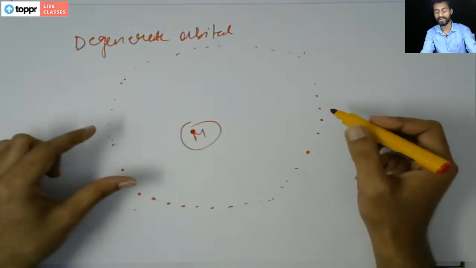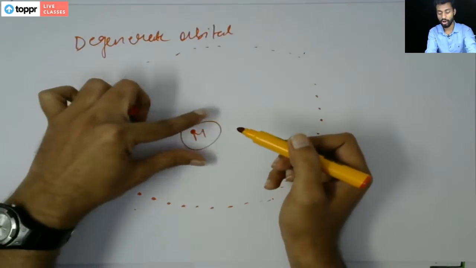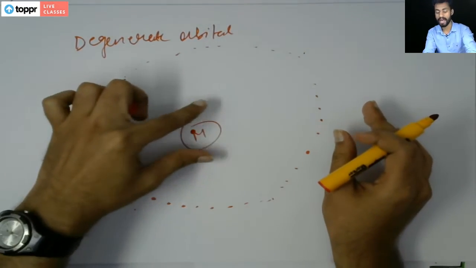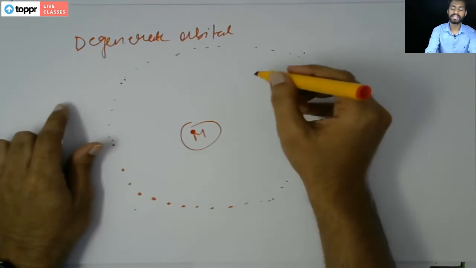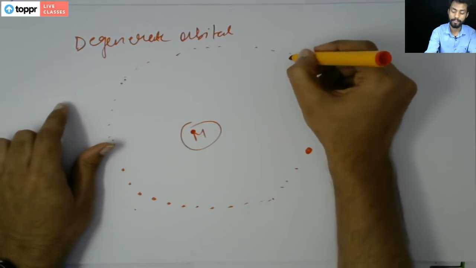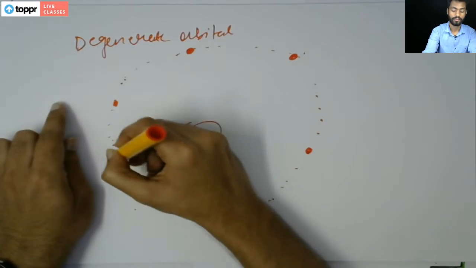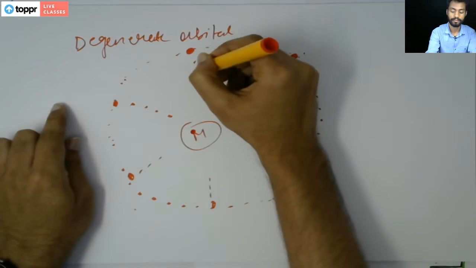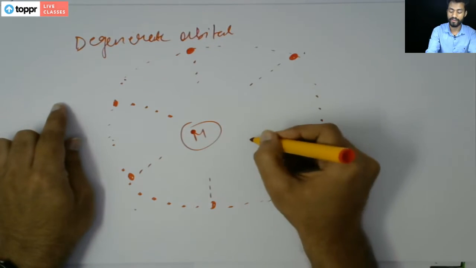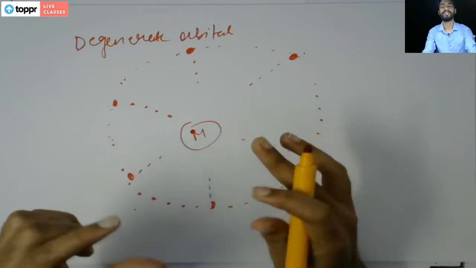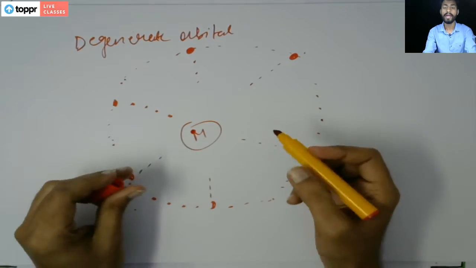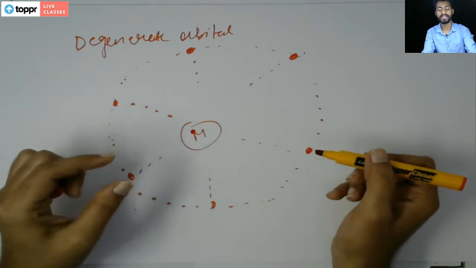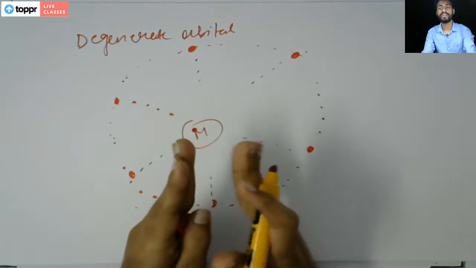While the structure is symmetric, the outermost d orbitals of this metal have equal energies, which means they are degenerate. But as these point charges approach the central metal atom, the degeneracy of these outermost orbitals starts breaking. And depending on the orientation of these point charges in space around the central metal atom, the degeneracy breaks.